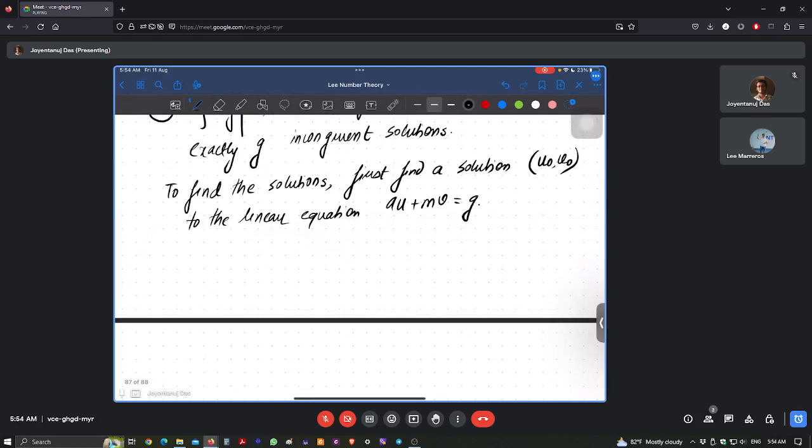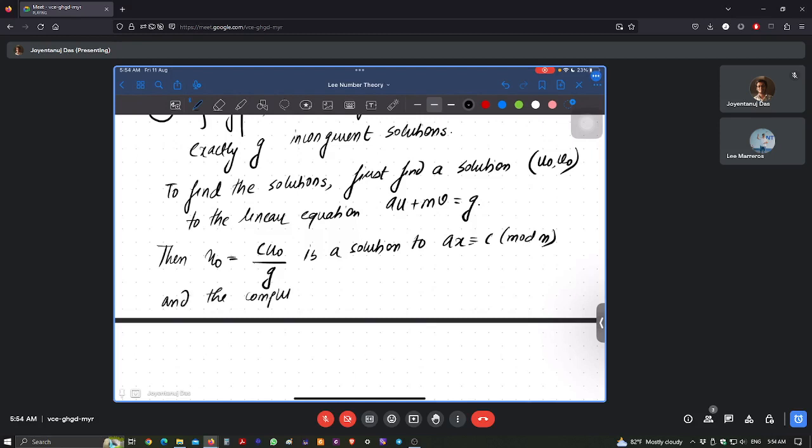Then x0 equals c u0 divided by g is a solution to ax congruent to c mod m, and the complete set of incongruent solutions is given as follows.